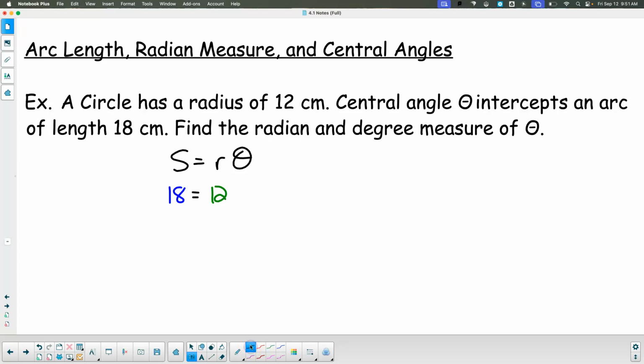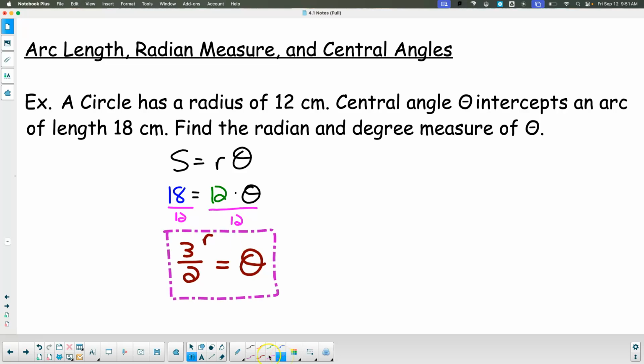I don't know what theta is. Quick solve, what am I going to do? Divide both sides by 12. So then left side gives me 3/2 is my radian measure for theta. Do we concur? Okay. Now, that's the radian part. So that's 1/2 of my answer.